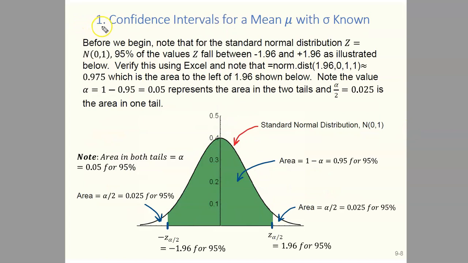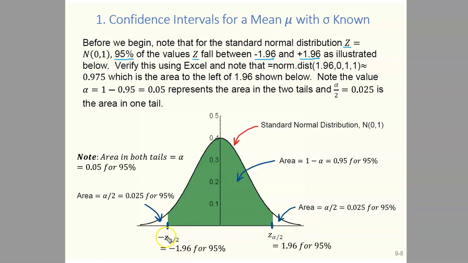Now we're almost ready to begin constructing our confidence interval for case 1. But before we begin, let's note one important thing about the standard normal distribution z. Take note that 95% of all z values will fall between negative 1.96 and positive 1.96 as we have illustrated down here. So down here we have our standard normal distribution, and right here we have the value negative 1.96.